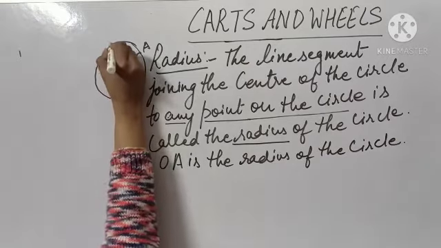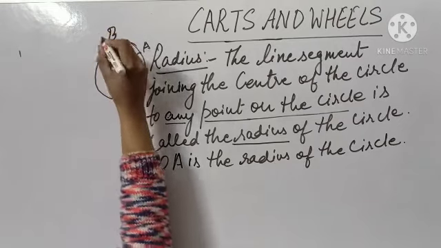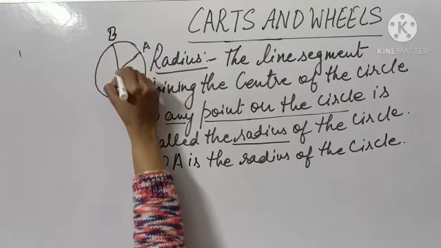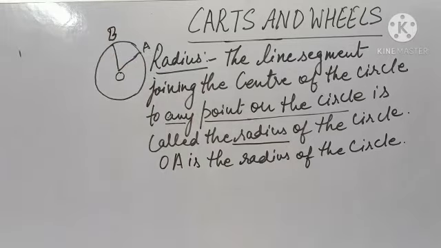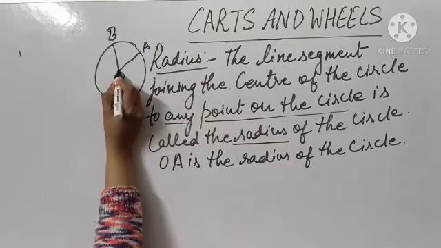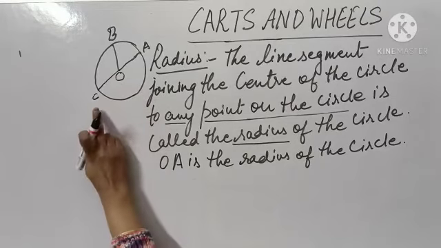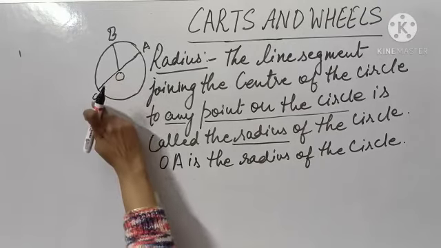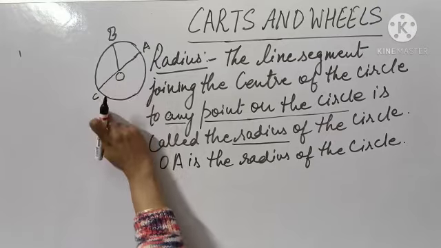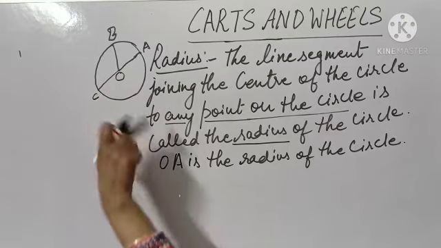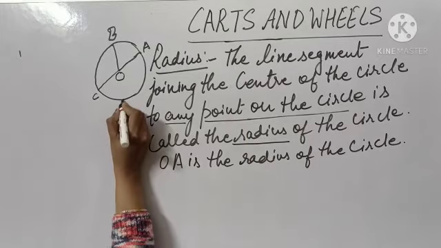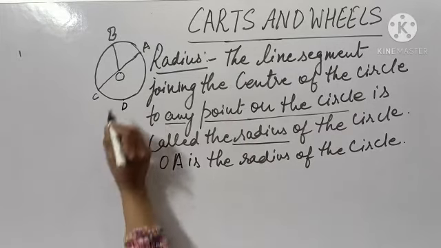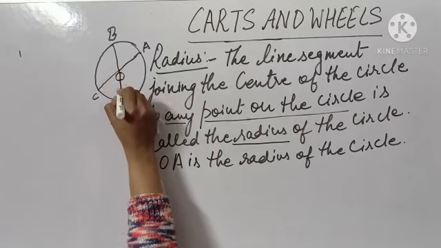Suppose I mark here one more point, that is B. Now I join O and B. So this line segment OB is again the radius of the circle. Another point, if I mark C on the circle and I have joined these 2 points, the line segment OC is again the radius of the circle. One more point I am marking here, suppose D. Again I join these 2 points, OD.